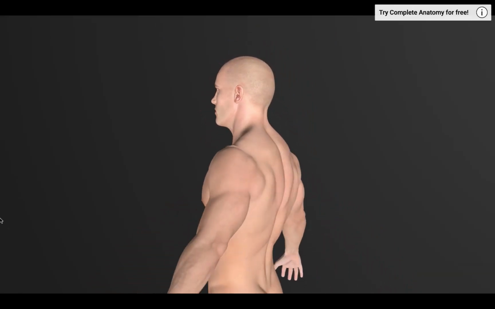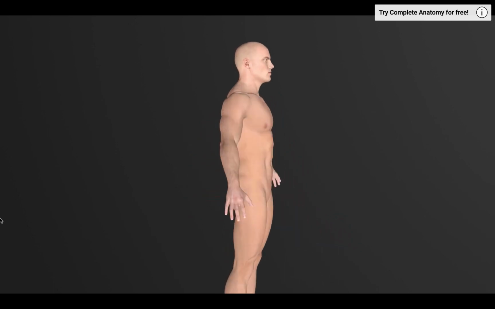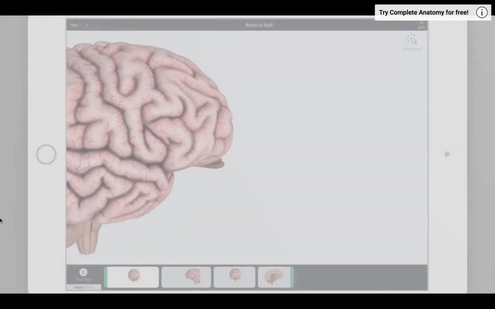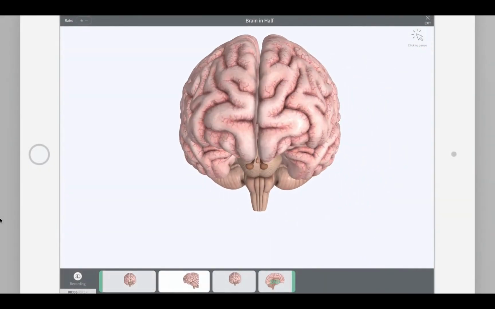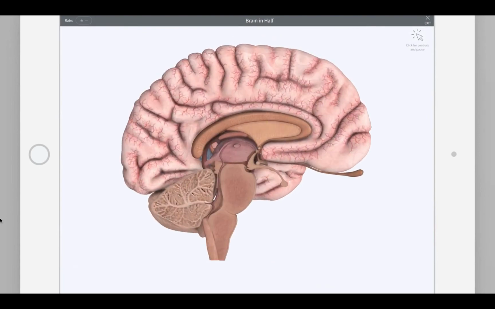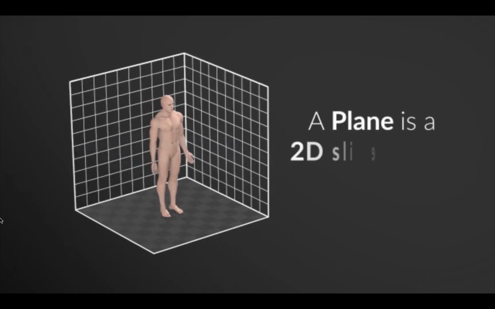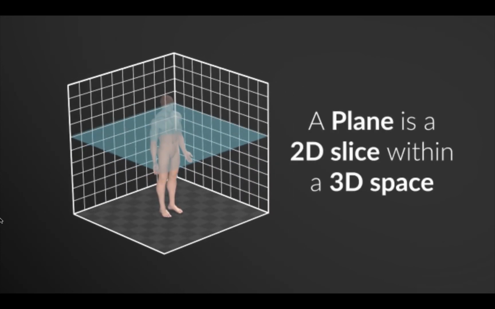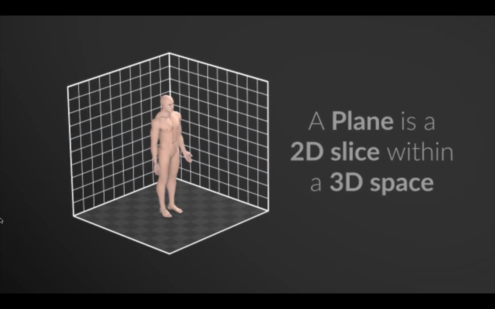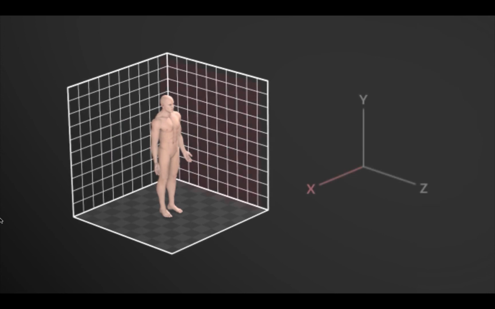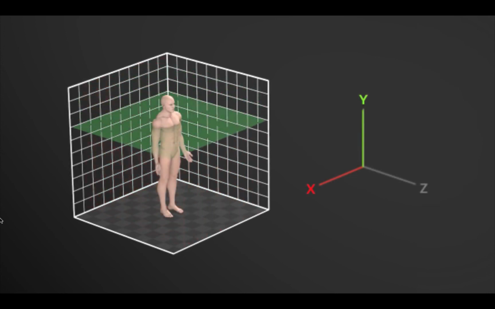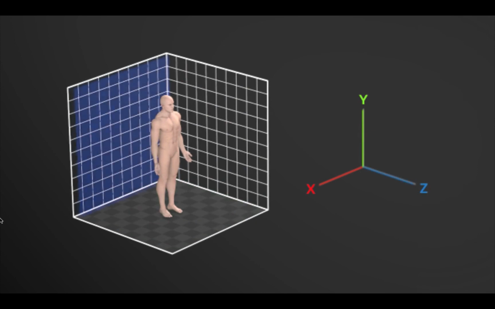Studying the human anatomy requires an understanding of the anatomical planes. These planes are used to describe the location of structures and the types of cuts that are made to view structures. A plane can be described as a 2D slice in a 3D space. Imagine a sheet of glass slicing across an upright human body in X, Y, and Z axis.